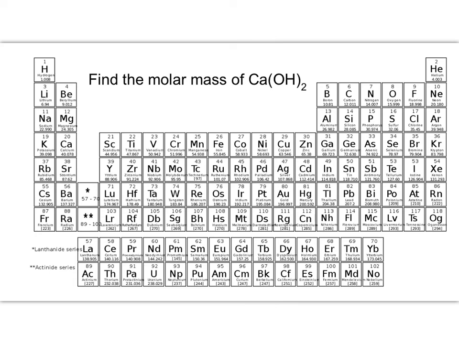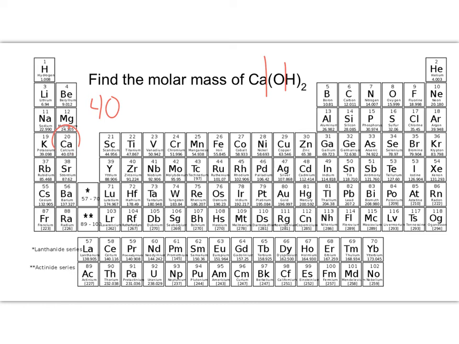Okay, calcium hydroxide, CaOH2. What's the molar mass? Okay, calcium, right? We've got calcium, we've got oxygen and hydrogen. Calcium, there's no subscript, so that one's pretty easy. We look up calcium, and it's got a mass of 40.